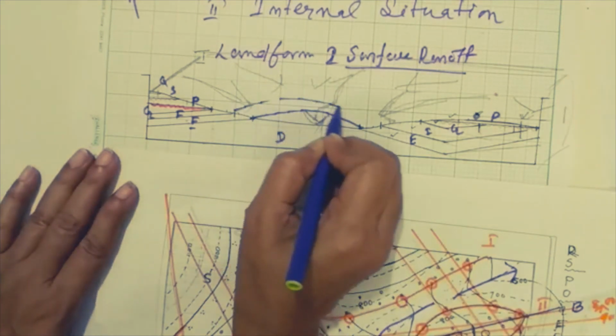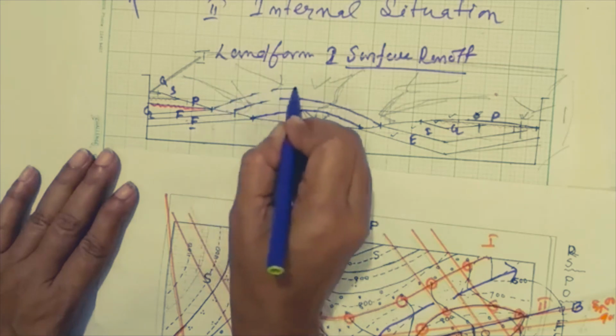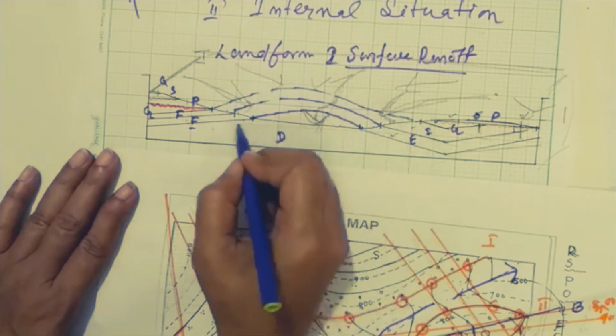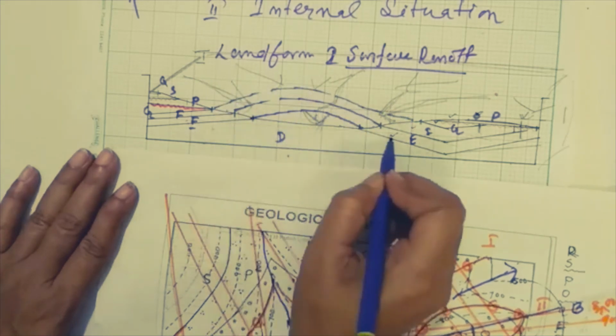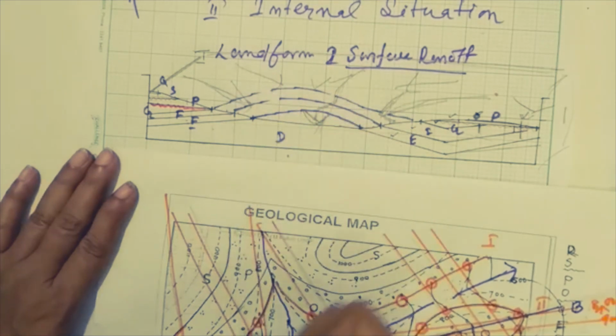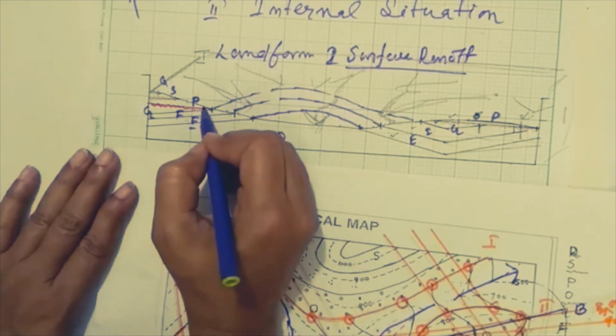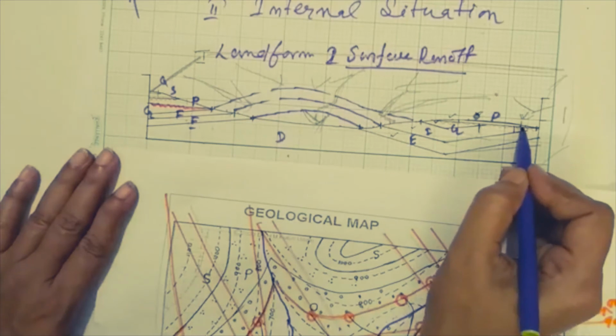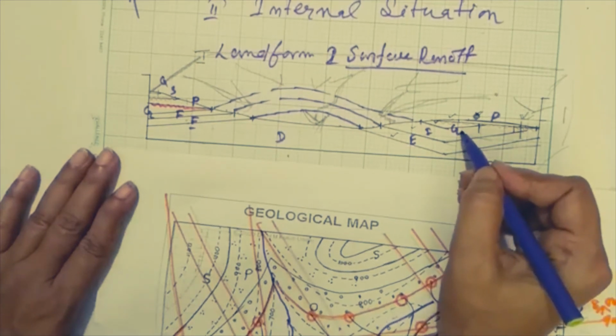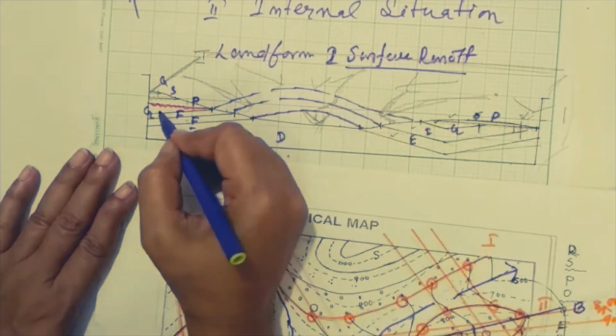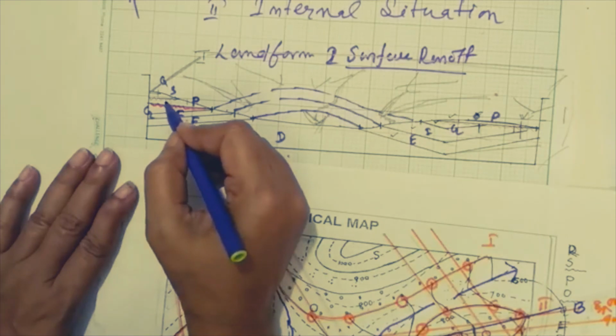So just imagine this. This will be a base, and that part is eroded. Okay, this is a line of unconformity. This line of unconformity is just above the G bed, and this line of unconformity is just above the E bed.